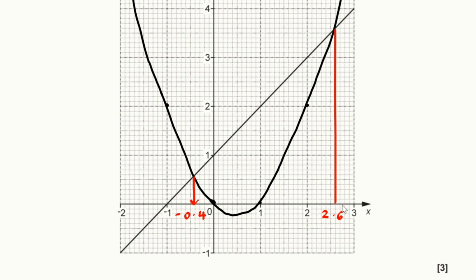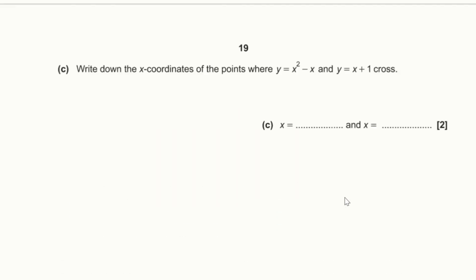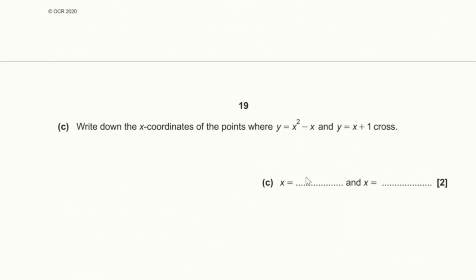So the x coordinates where they cross are minus 0.4 and 2.6.